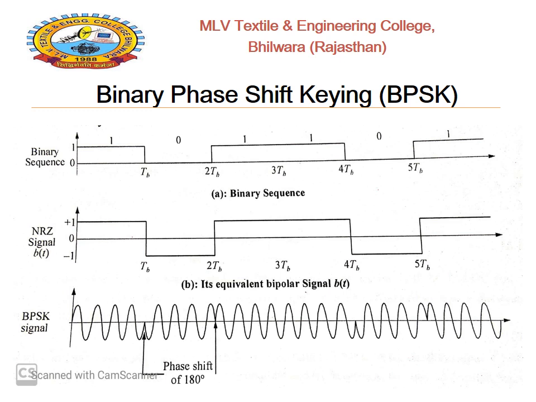Next, the phase is changed again by 180 degrees at 2 TB, then at 4 TB, and again at 5 TB. As the sequence changes from 1 to -1 or -1 to +1, the phase simultaneously changes by 180 degrees. That means the phase of the wave changes from positive to negative or negative to positive.